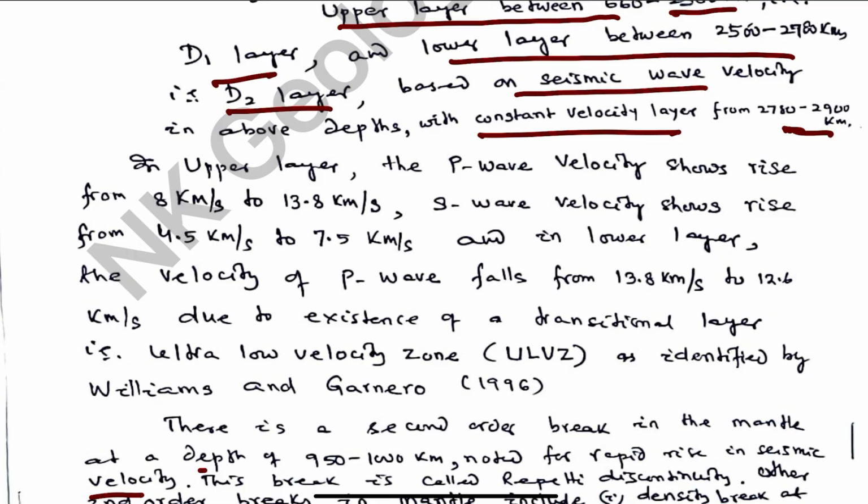If we take into account the velocity, the P wave velocity shows a rise from 8 km to 13.8 km per second at the mantle core boundary.